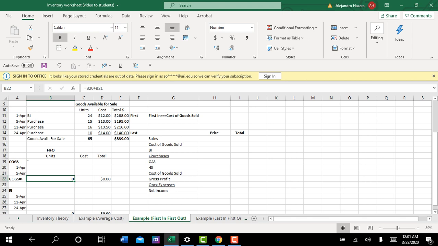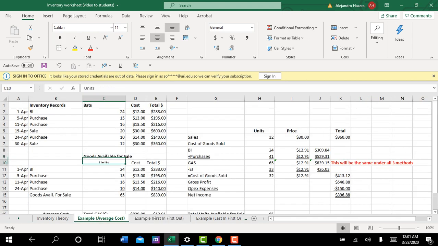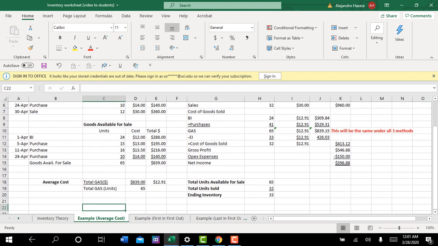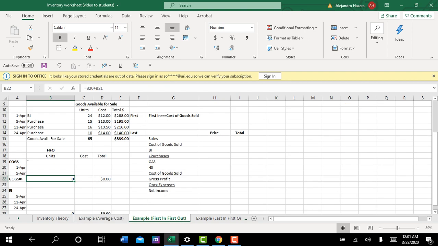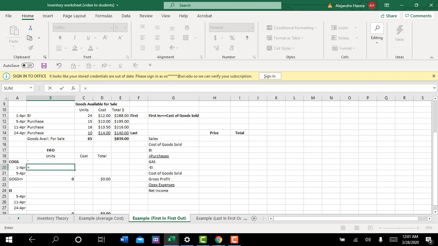Okay, so on April 1st, let's go ahead, and in this table, here's what I'm going to do. We're going to assume we know we sold 32 units, and 32 are what should be in cost of goods sold. So we know that on April 1st, we sold 24 units, and we know that those units had a cost of $12.